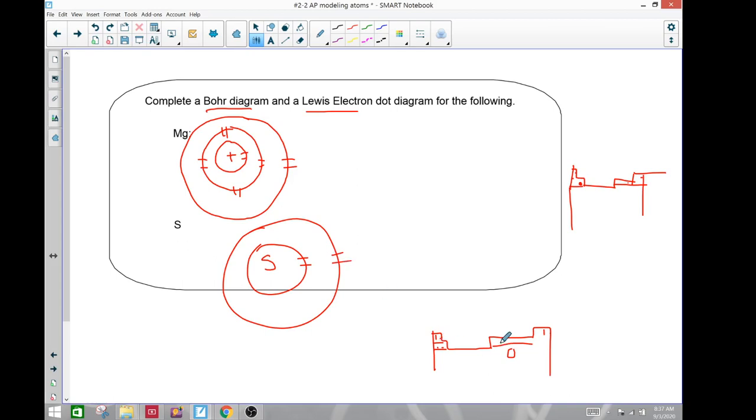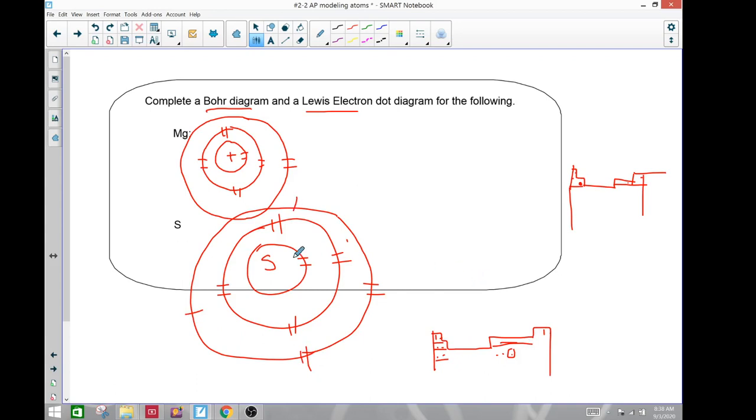I need these 6. And then these 2 here, which is the 3rd energy level, so we need another one stretching around here. And that's those 2. And then I need 1, 2, 3, 4. So 1, 2, I'm going to go with this 3, 4.